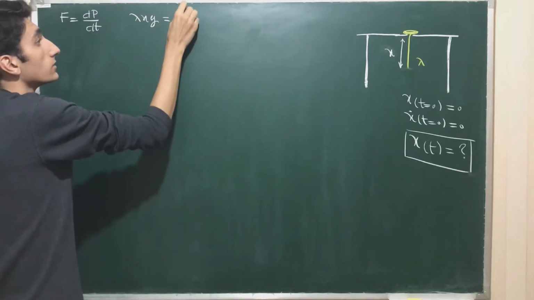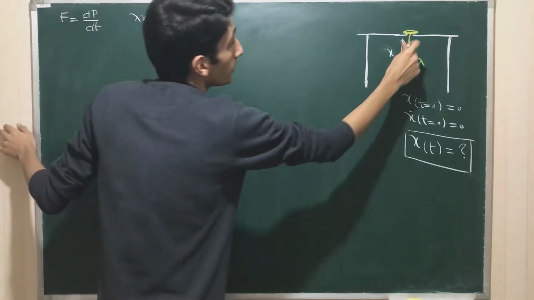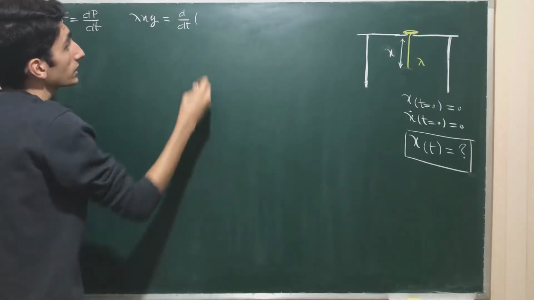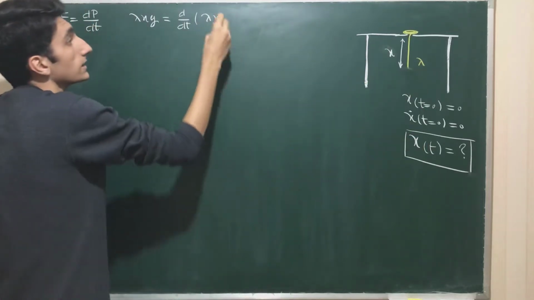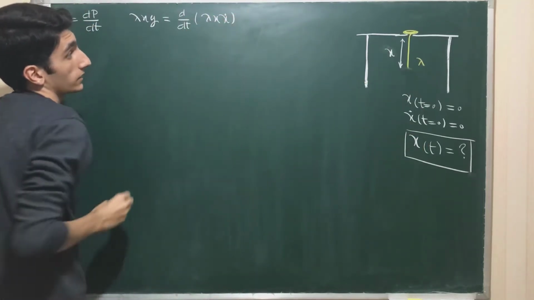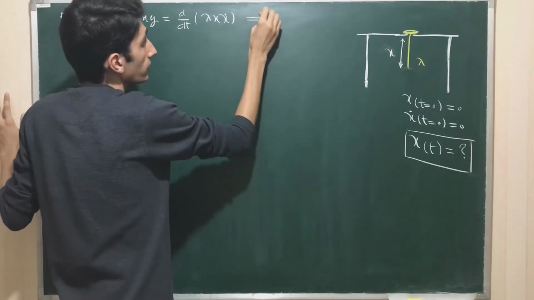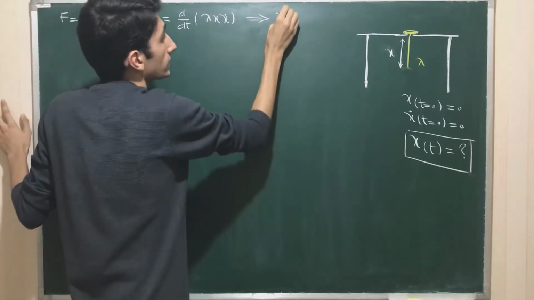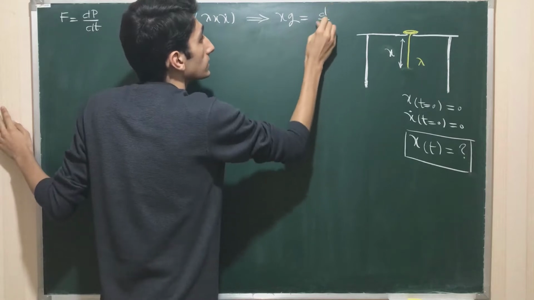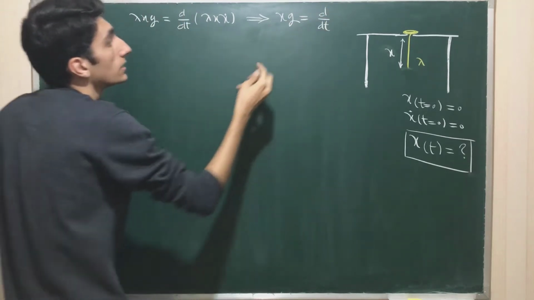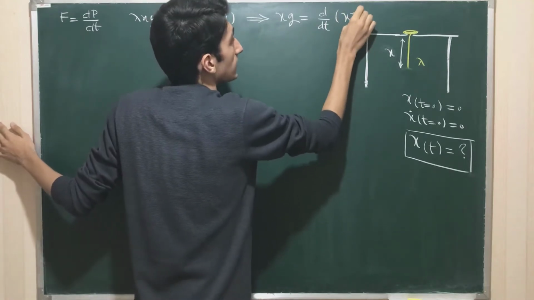This is equal to the derivative with respect to time of the momentum of this piece of rope, which is lambda times x, the mass of this part of the rope, times x dot, the speed of that part of the rope. The lambdas cancel out from both sides, and we would get x times g is equal to d over dt of x times x dot.